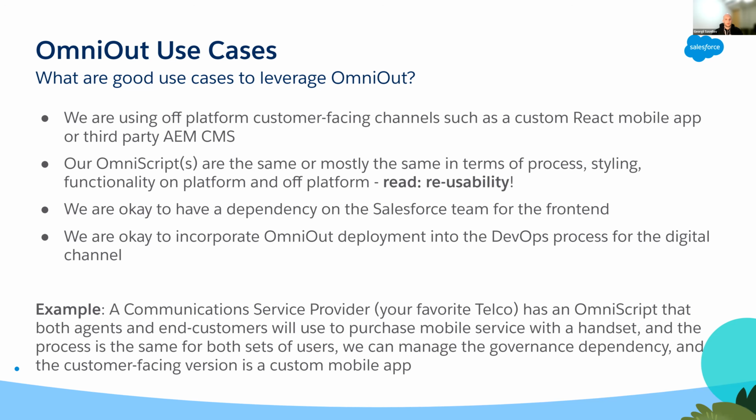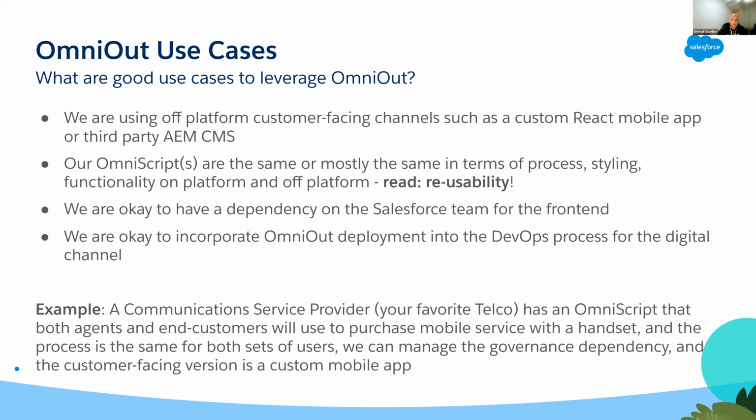If your web server or mobile app wants to be completely independent, then this isn't really a great use case. And finally, from a DevOps perspective as well, we need to incorporate the OmniOut deployment into the DevOps process for that channel.